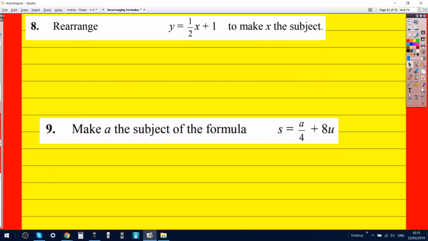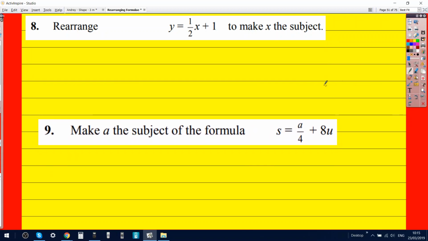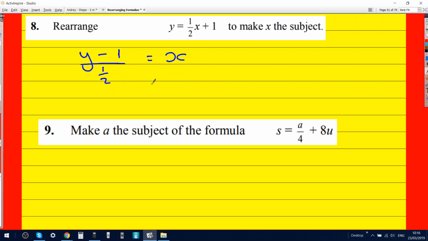How would you do that top one? Okay. So would it be y minus 1 divided by a half equals x? What is dividing by a half the same as? It's 0.5, isn't it? Oh, I'm not sure.